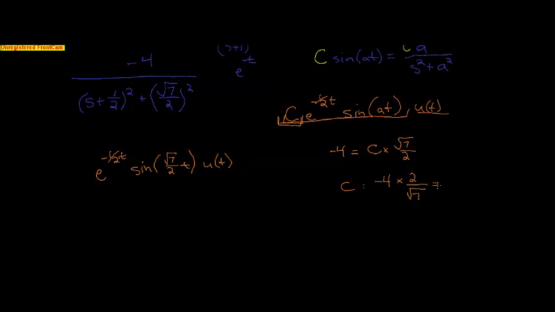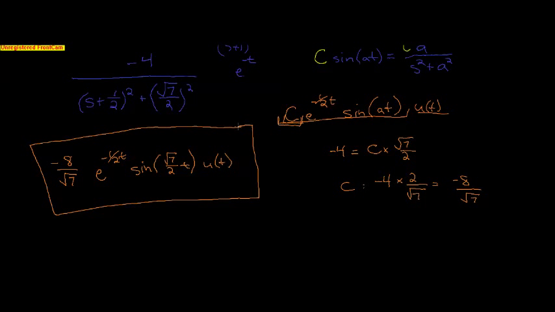This thing equals negative 8 over radical 7. We can just plop that out in front. Negative 8 over radical 7, and this is our answer. So V equals this thing.